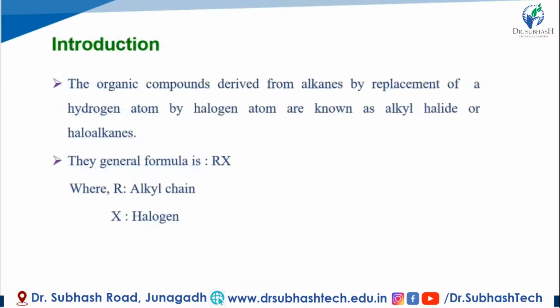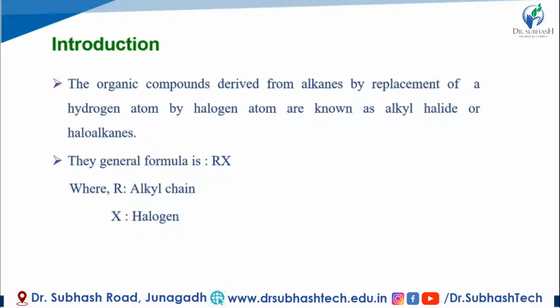Okay, so introduction. The organic compounds derived from the alkanes by the replacement of the hydrogen atom by the halogen atom are known as the alkyl halide or haloalkane. So that's called the alkyl halide.